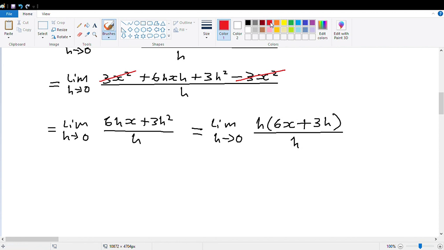Now h and h are identical, therefore they will cancel each other out, and you are left with the limit when h approaches 0 of 6x plus 3h.